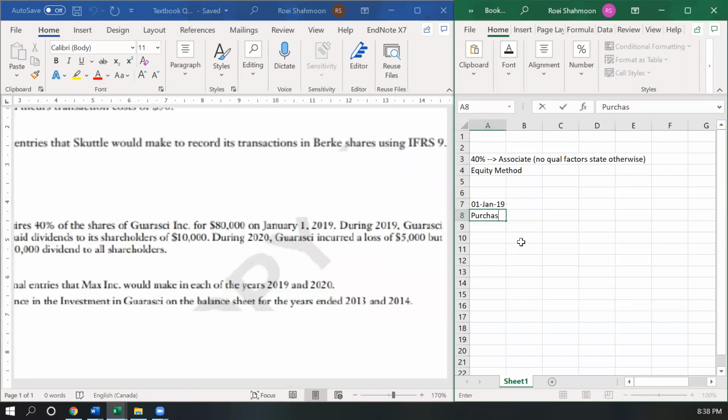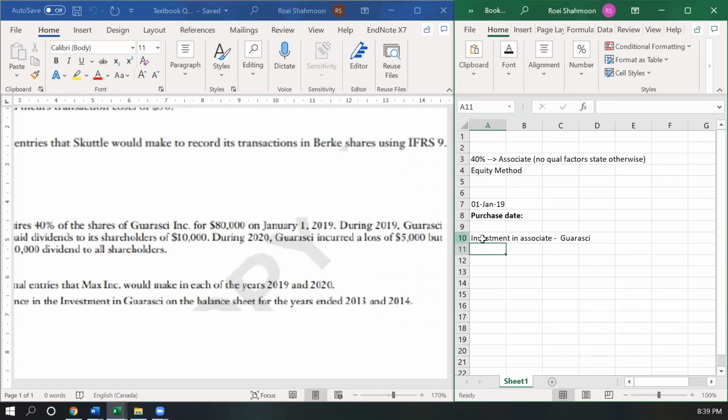This is the purchase date. We always start with this date, guys. So for this date, very simple. We debit our investment in Goraski. And you could specify here investment in associate Goraski, like that.